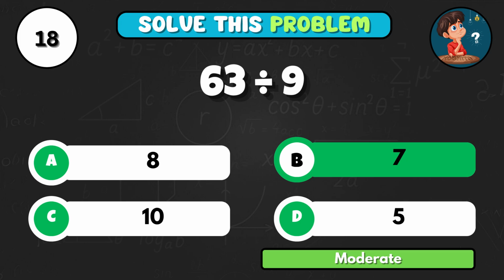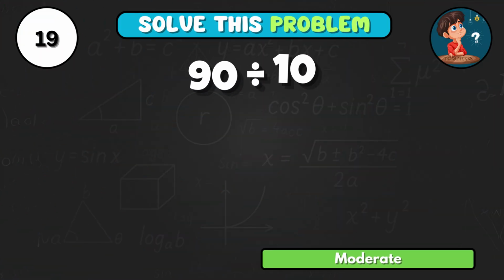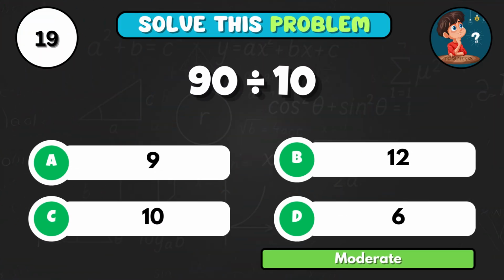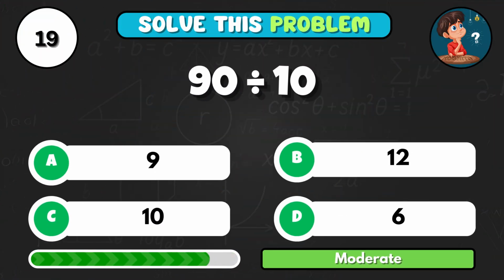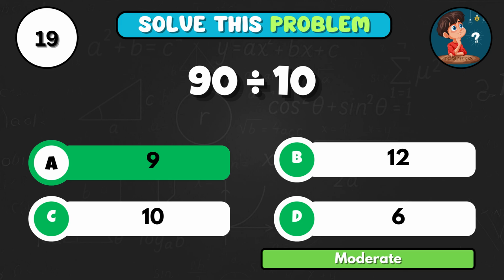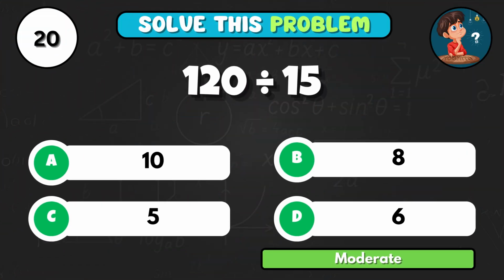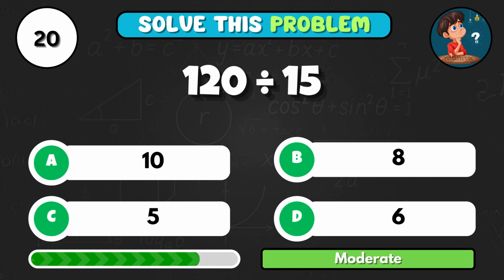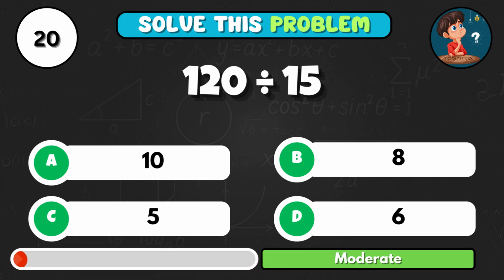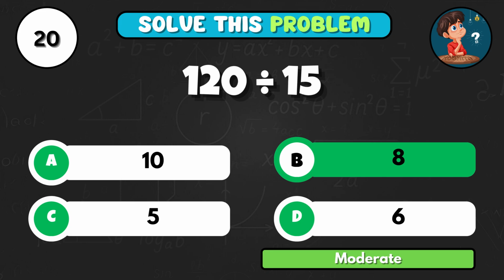It comes to B, 7. 90 divided by 10 equals what? That's A, 9. Can you solve 120 divided by 15? It equals B, 8.